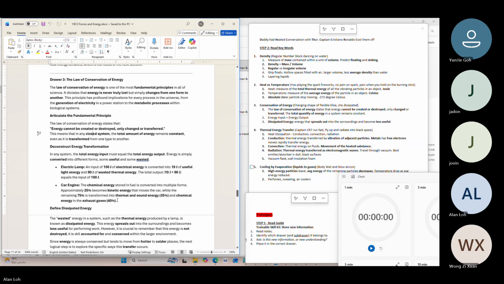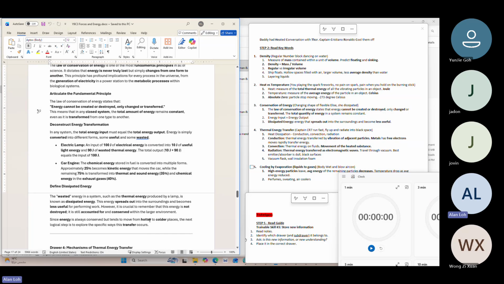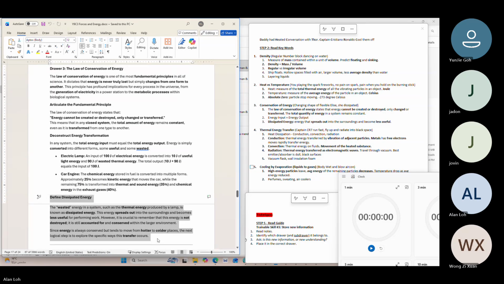Right? So this is the part on dissipated energy. Let's continue. We should have taken the whole thing, but it's okay. Let's do it one more minute.